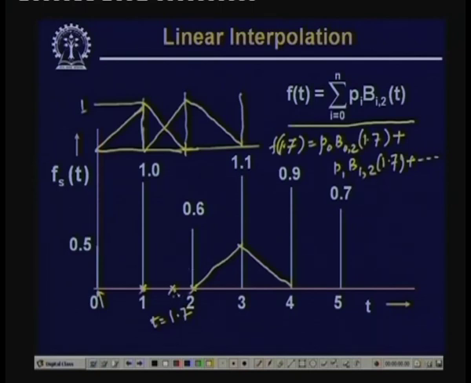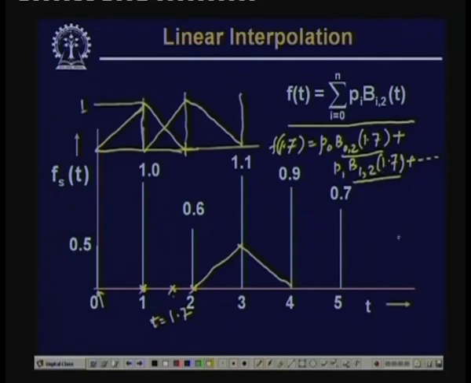So, the only contribution that we get at t equal to 1.7 is from the sample f 0 and from the sample f 1. Using this I can estimate the value of b 0 to 1.7, and I can also estimate the value of b 1 to 1.7.